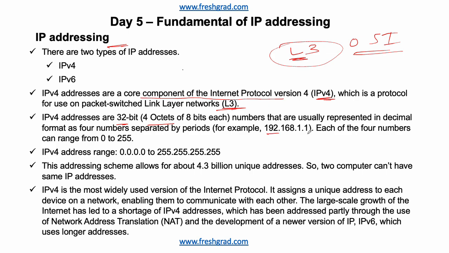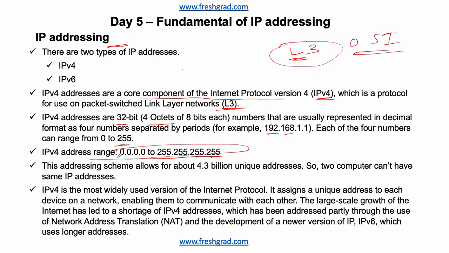For example, 192.168.1.1 or 128.68.1.1. Each of the 4 numbers can range from 0 to 255. So the IPv4 address range is 0.0.0.0 to 255.255.255.255.